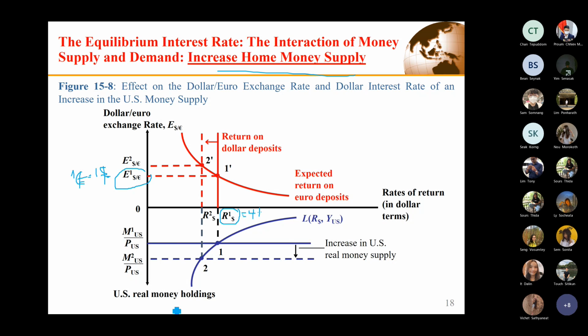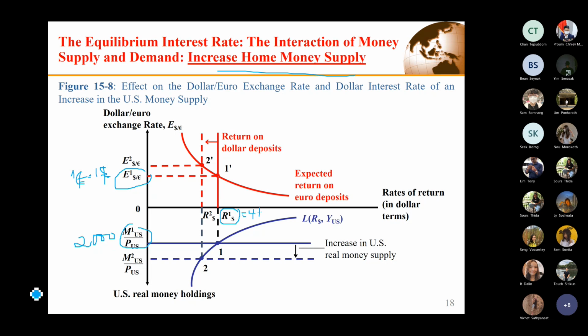In the money market, when the interest rate is equal to R1 or 4%, the quantity of money that has been printed in the US allows people to buy, let's say, 2,000 quantity of goods. The demand is also for money enough to buy 2,000 quantity of goods in the US economy.